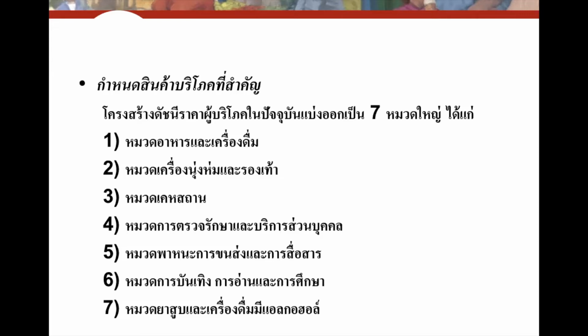In Thailand, we have 7 groups. The first one is food and beverage. Second is garments. Third is housing. Healthcare is the fourth. Transportation and communication is the fifth. Recreation and education is the sixth. And the seventh is cigarettes and alcoholic beverages.